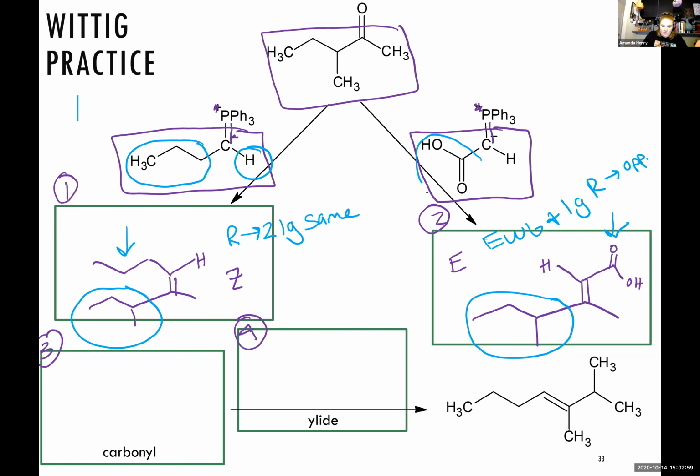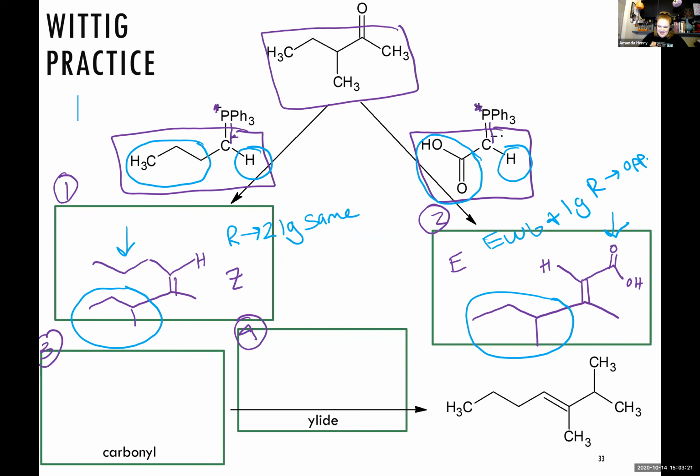For the other one, we have a carboxylic acid, and we have a hydrogen. So you know those are the two pieces that you have to put onto the puzzle. And then based off of whether you have R groups or electron withdrawing groups, you make your decision as to which side they're going to go.